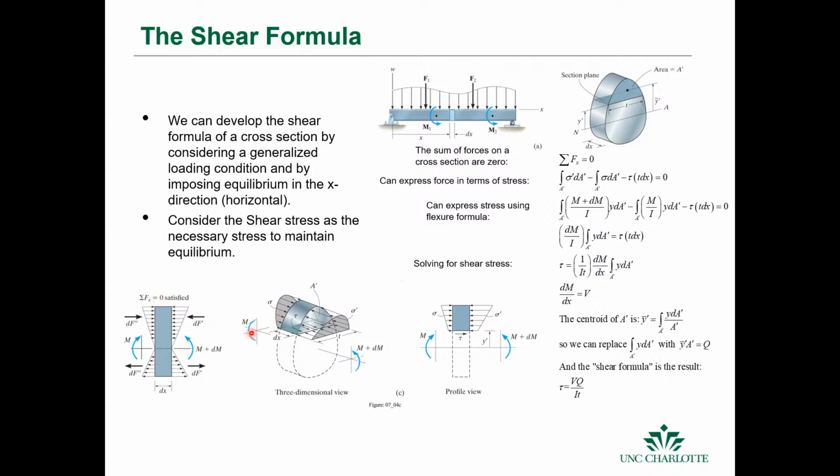If we have a moment on one side and a slightly different moment on the other side, and we have stress on one side, and we have shear on this plane, and a different state of stress on the other side, then in order for equilibrium to be satisfied and our forces to be 0, the stress times the area on one face over here, minus the stress times the area on the other face over here, minus the shear that's developed along the side of the face in that plane here.